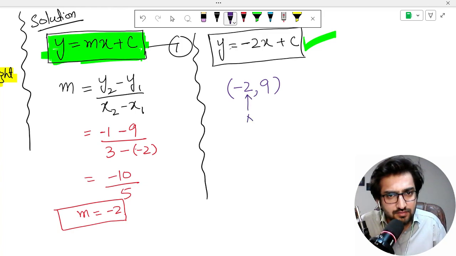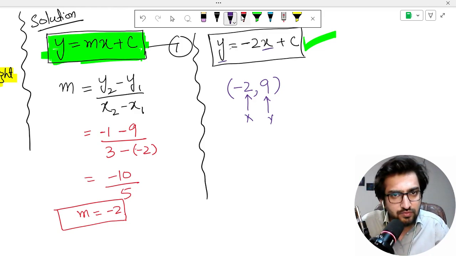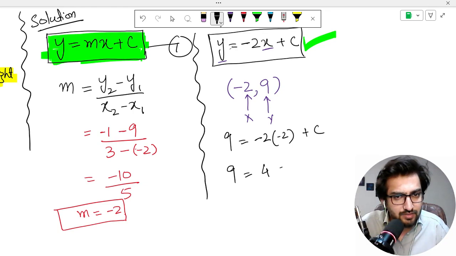This is x, that is the value of y. So let's put this x and that y there in order to find out c. So y is 9, equal minus 2, x is minus 2, plus c. 9 equal, that is plus 4, minus and minus will become plus, and plus c, and shift this 4 to that side. c is equal to 9 minus 4, c is equal to 5.